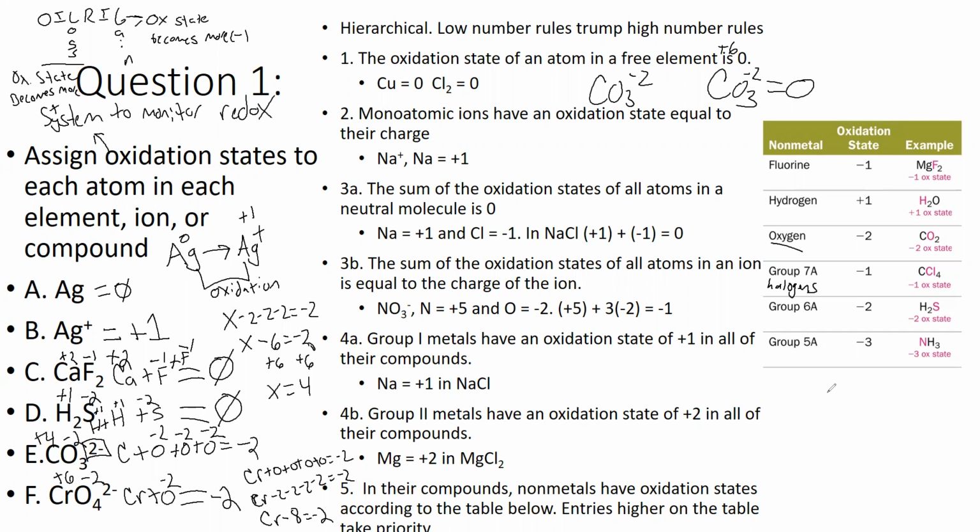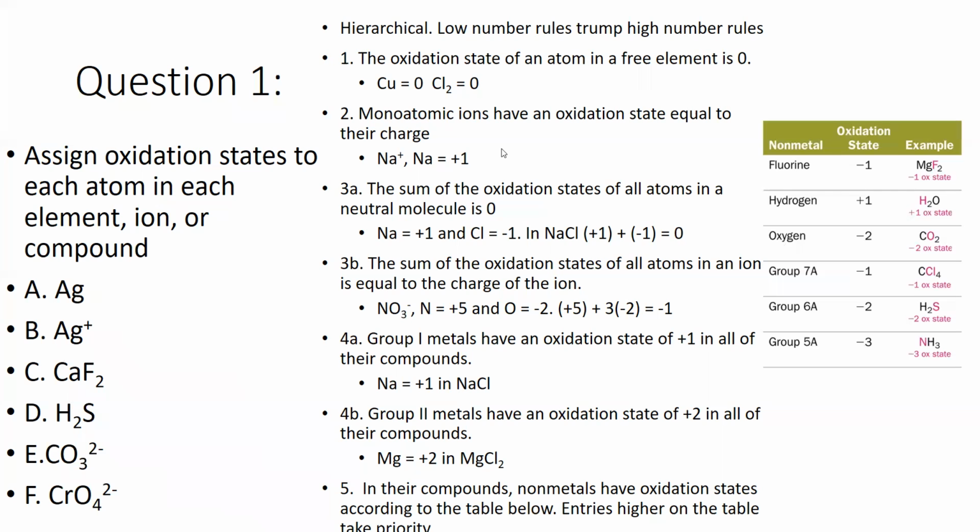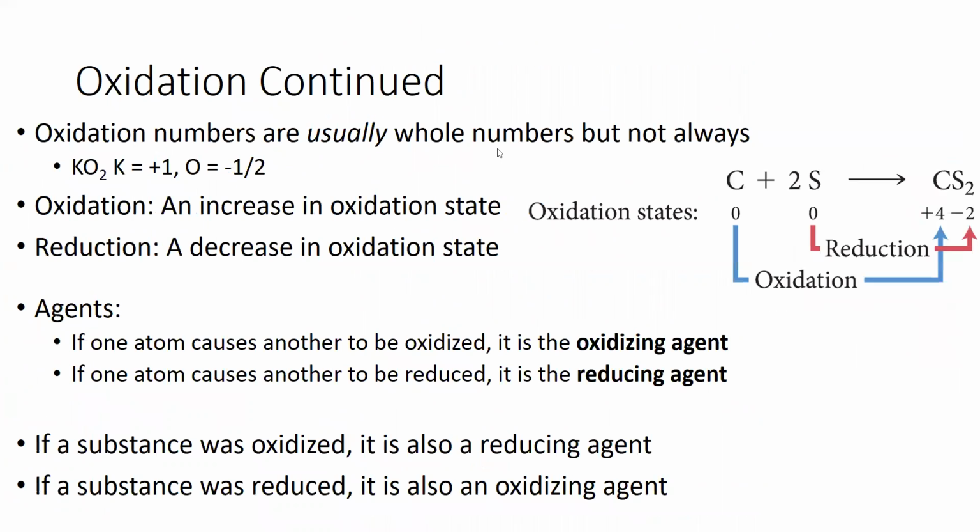So let's do some more practice on this. Oh, I have one more slide talking about oxidation states. All right. So just a few things about oxidation numbers. Oxidation numbers are usually whole numbers. It is possible to get a half number.